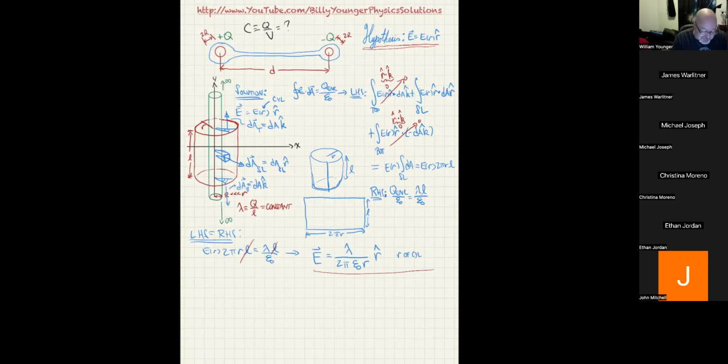The distance between their centers is a distance d, and remember the distance between their closest points is d minus 2r. So keep that in mind.